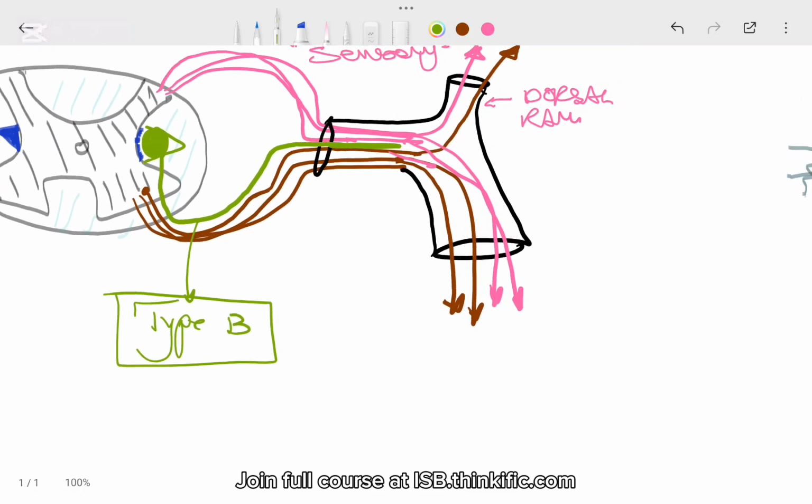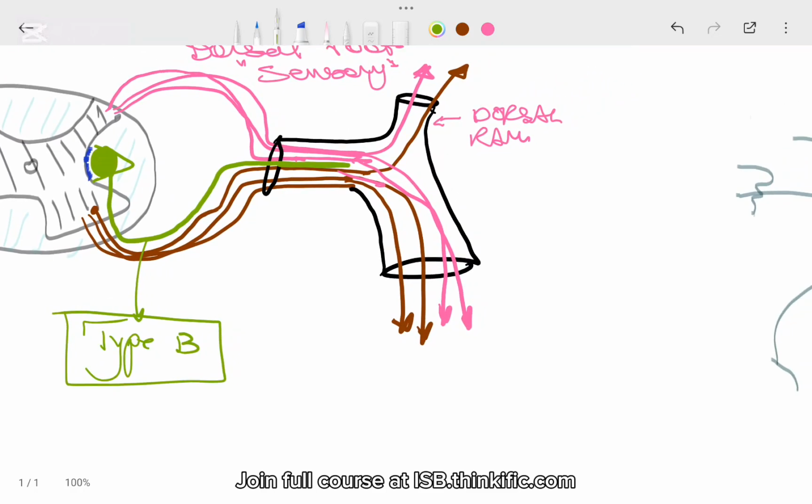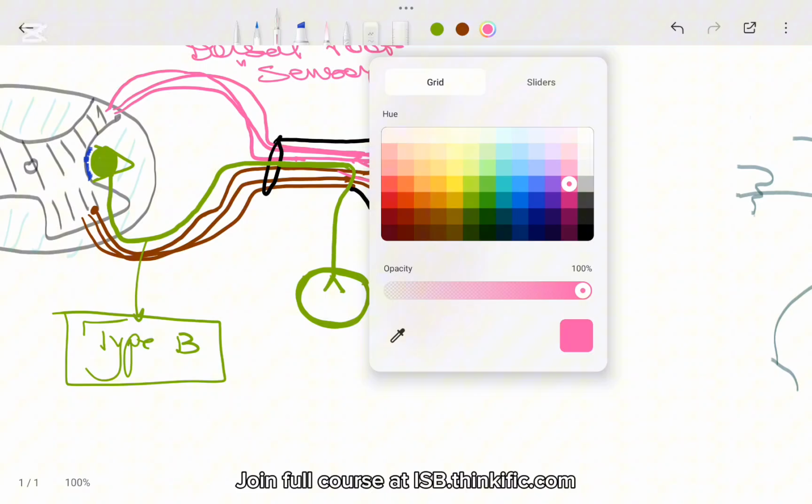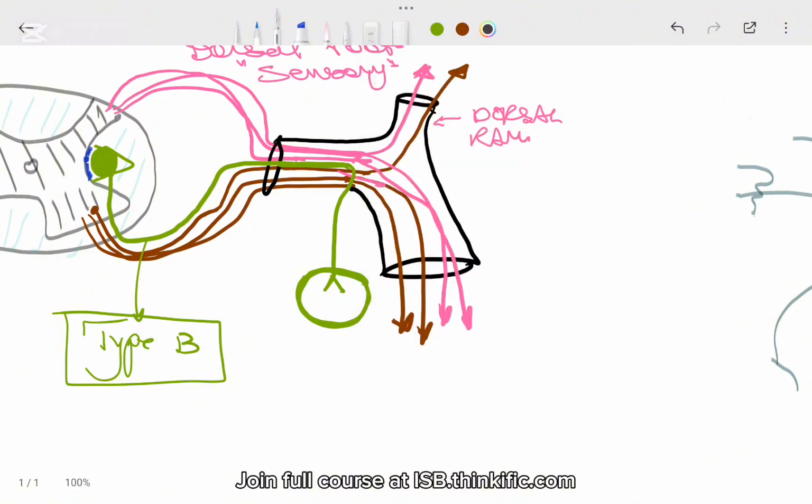It's white. This myelinated nerve fiber leaves the spinal nerve and generally speaking will synapse in a ganglia outside with the post-ganglionic neuron. I'm going to give it this color. Okay, post-ganglionic neuron.